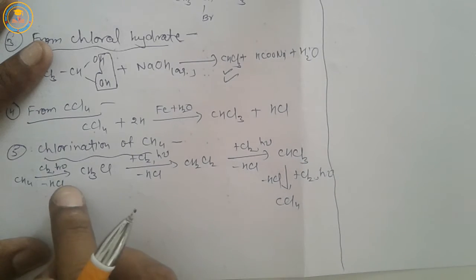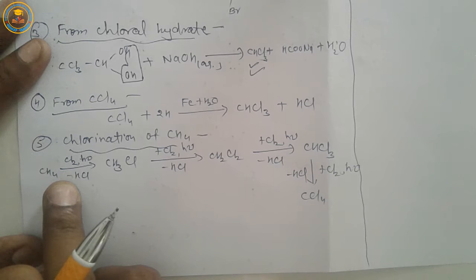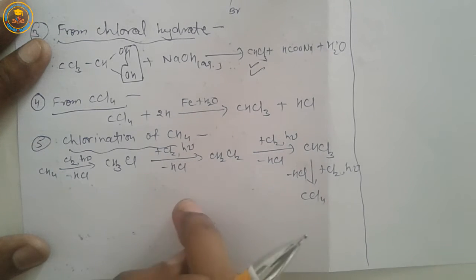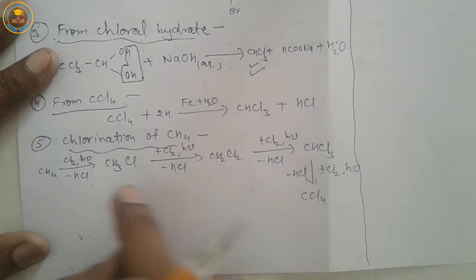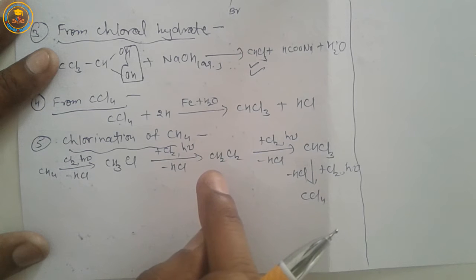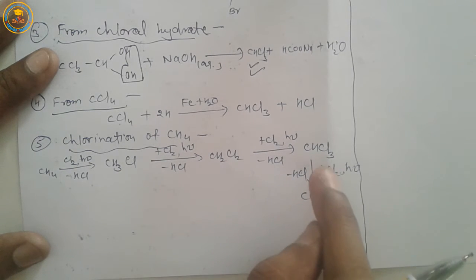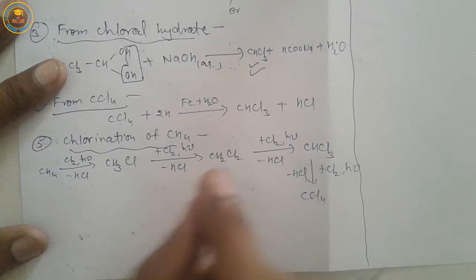During the reaction, H atoms of methane are continuously replaced by chlorine atoms. Chloroform can be separated from the mixture of methyl chloride, methylene chloride, chloroform, and CCl4 by fractional distillation.